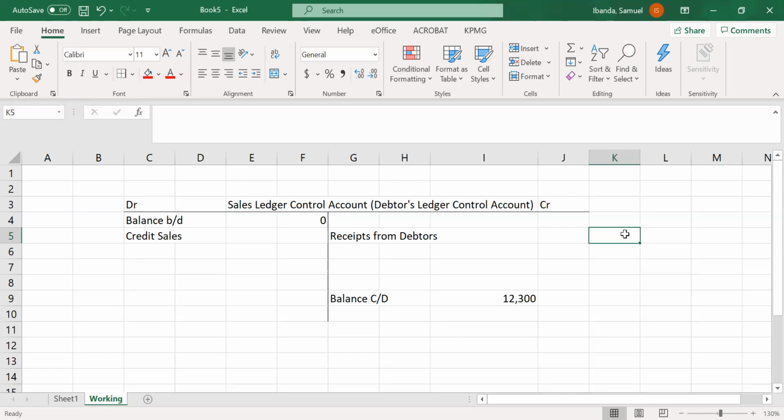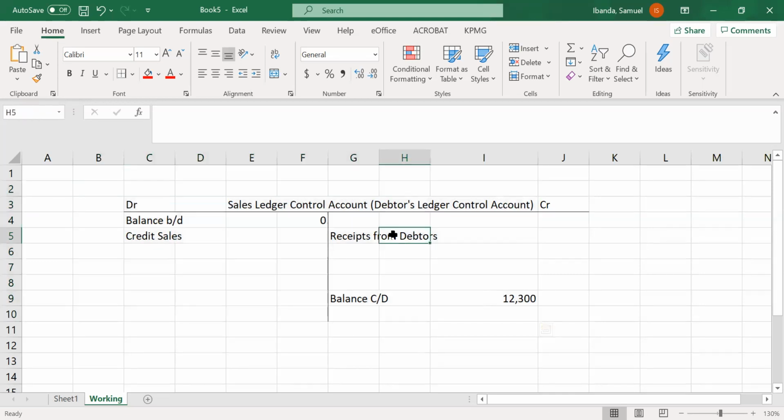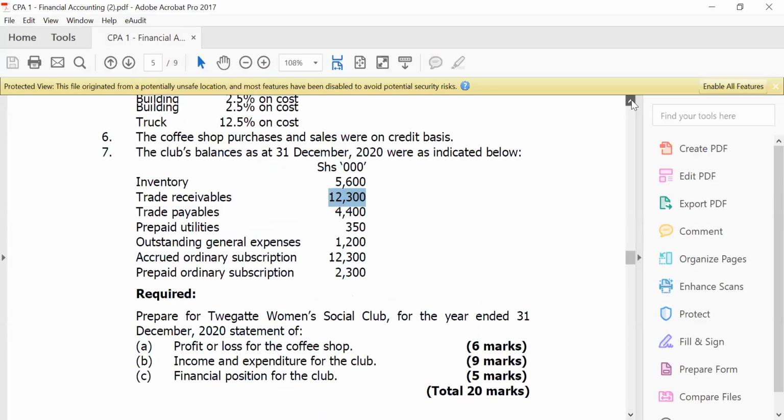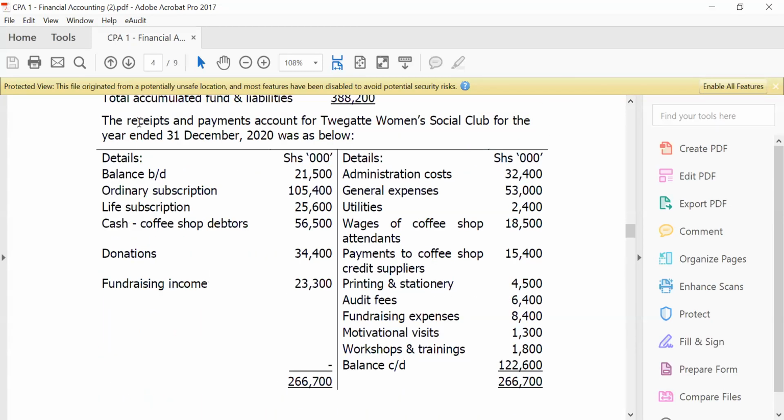So do I have credit sales? No, I don't have credit sales. And the reason why I've drawn up this account is to determine the credit sales. Do I have receipts from debtors? Yes, I have receipts from debtors. And where are they? When you come to the receipts and payments, we have what we call cash, coffee shop debtors.